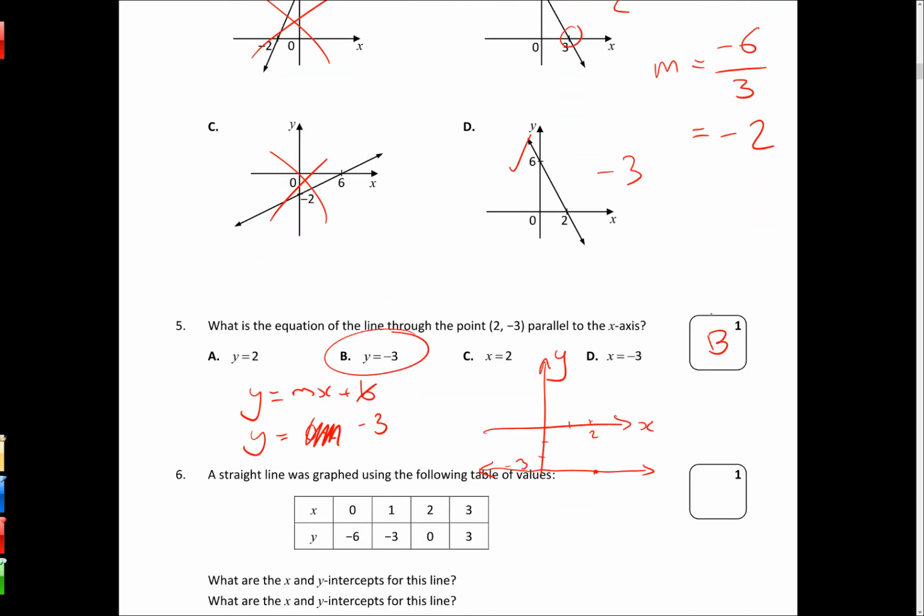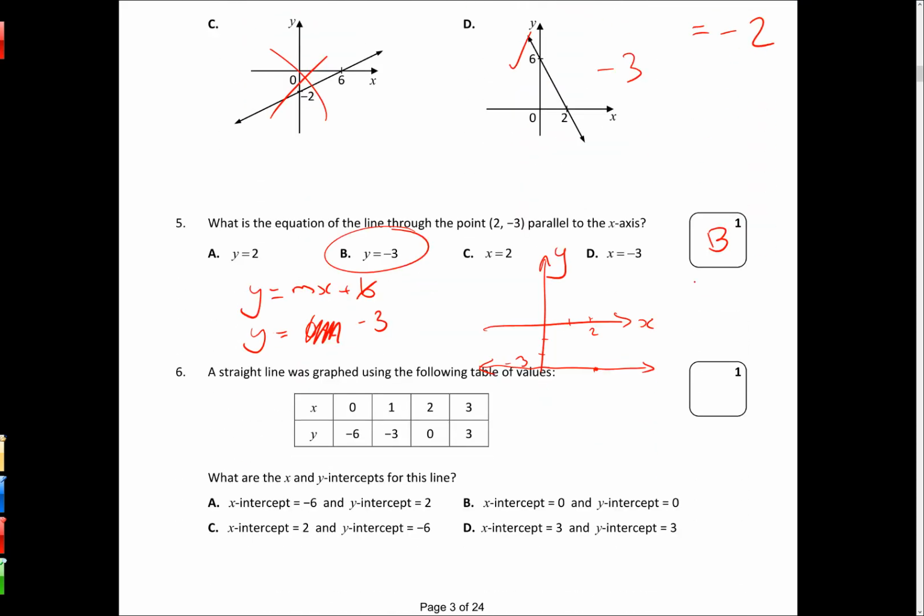I did. Okay. A straight line was graphed using the following table of values. Well, just by definition, we learned at one stage that when x equals 0, you'll find your y-intercept, and when y equals 0, you'll find your x-intercept. So you can see they're staring at us. Or you might want to visualize it and say, I don't really care about the other dots.